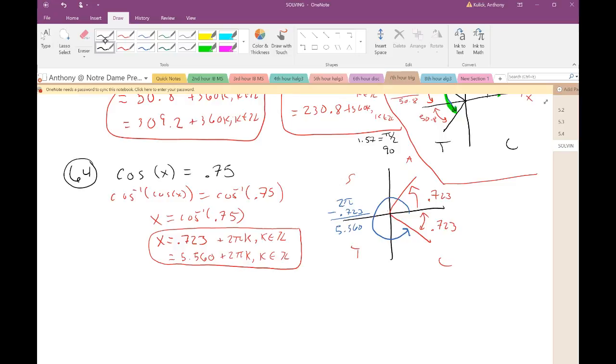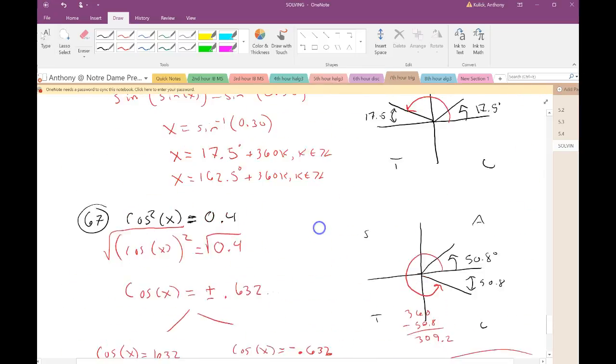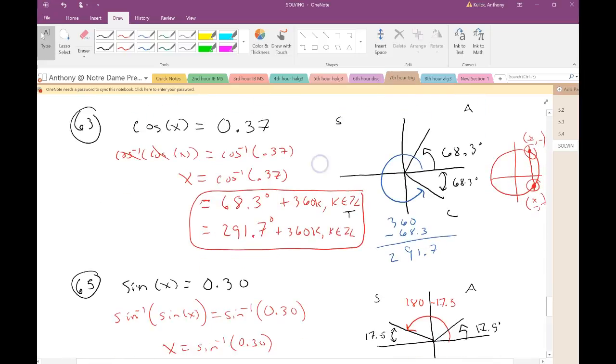Sophia? So I think what Sophia is asking is, if we did all of this and everything spat out as degrees, could I take those degree answers like we had in the beginning, like for number 63, and then just do the radian conversion at the end?